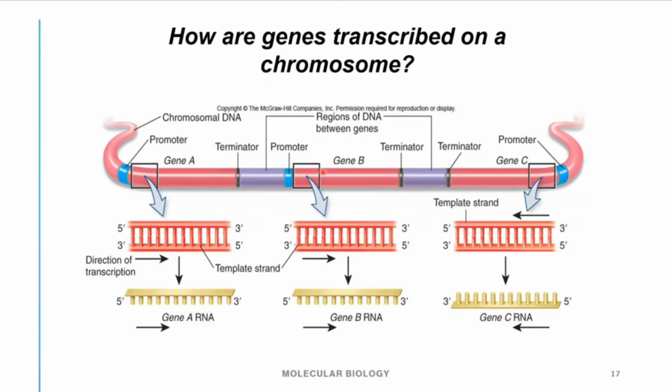For gene A and gene B, the promoter regions are both on the left of the genes. Therefore, gene A and gene B are read from left to right, because the promoter region is always upstream of the gene that's being transcribed.